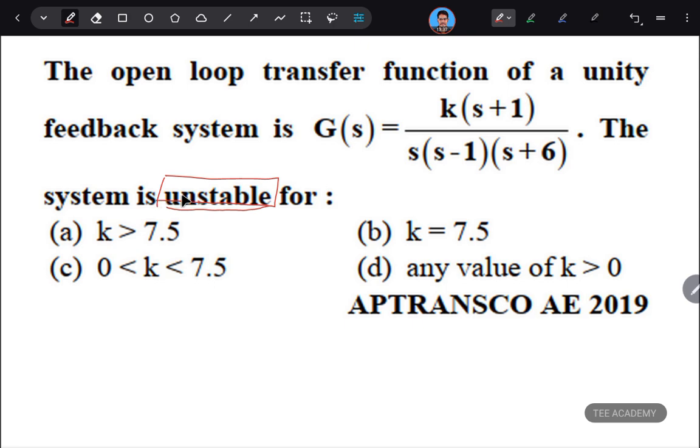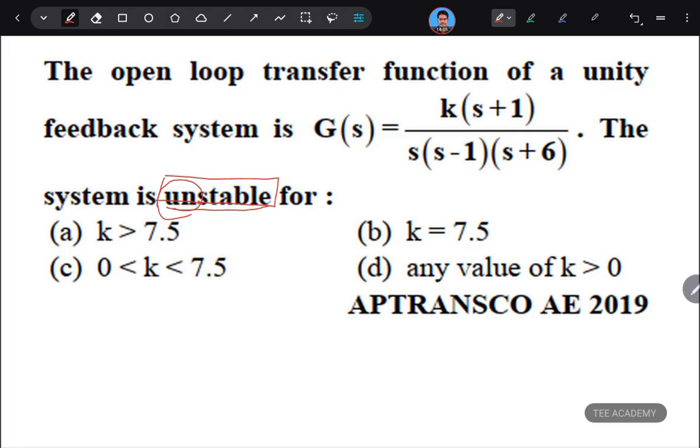In most cases the question asks for stable, but here they gave unstable. What students do wrong is they do the solution but choose the wrong answer, because they didn't read properly. They read it as stable and solved the problem, but the question itself is asking for unstable. Understand this. The options are given here.